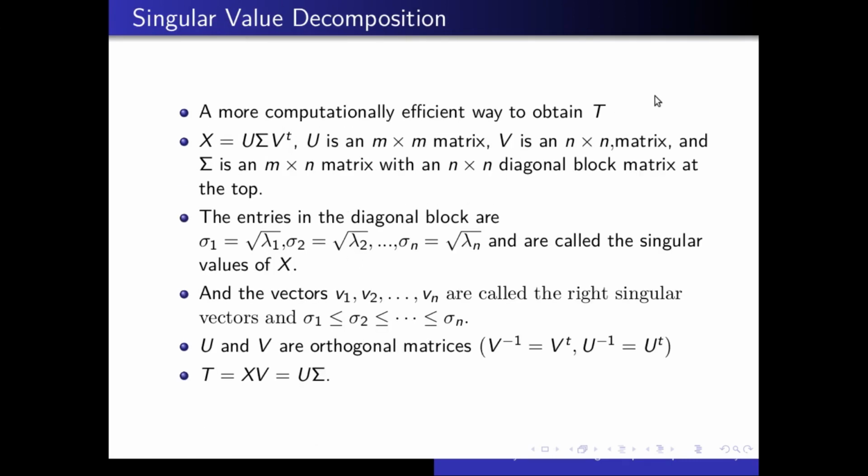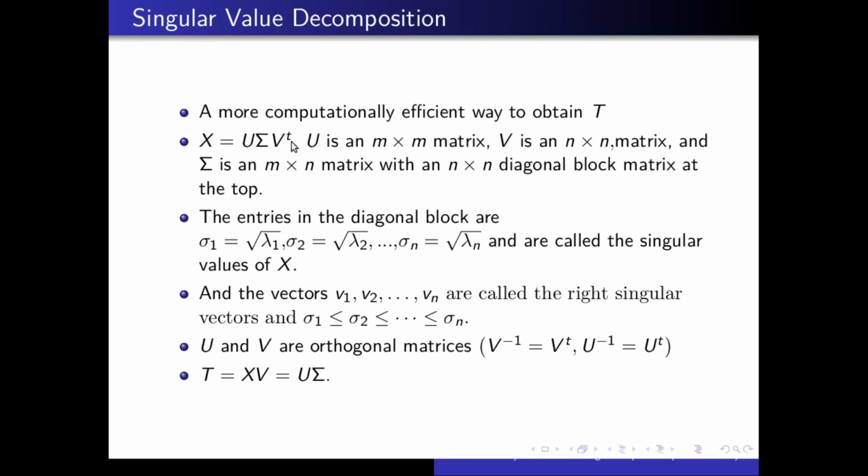So there's a more computationally efficient way to obtain T using a singular value decomposition as opposed to the eigendecomposition. This assumes that the matrix X can be factorized into a product of three matrices, that is U, sigma, and V transpose.